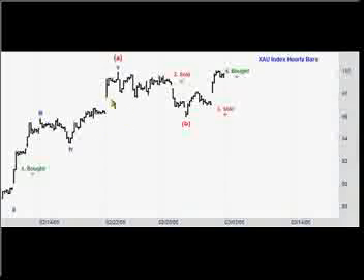An alternate count might be ABC with an X wave and then another ABC. We'd have to go look at lower degrees to try to make out the waves in the last move down.